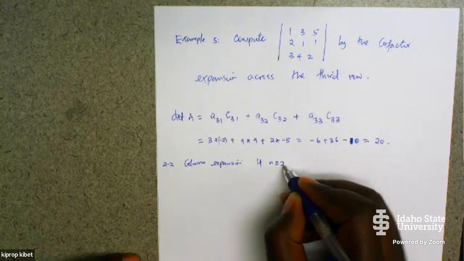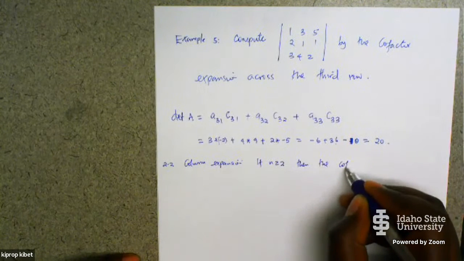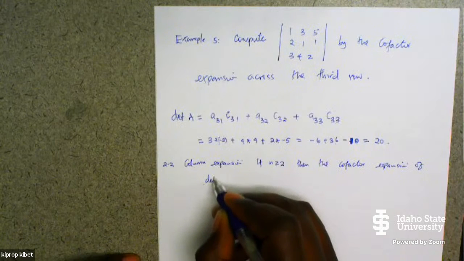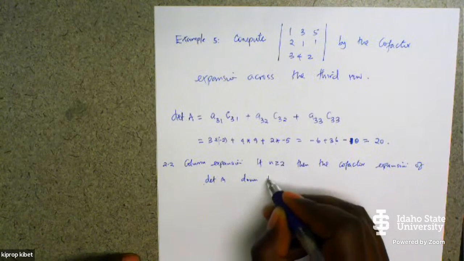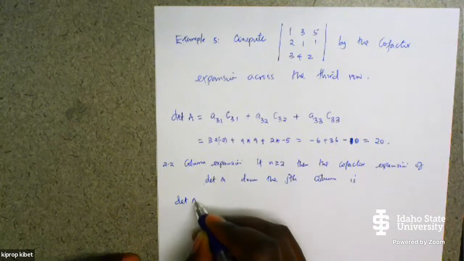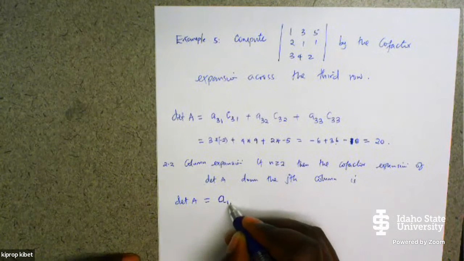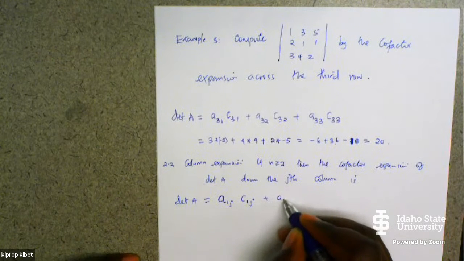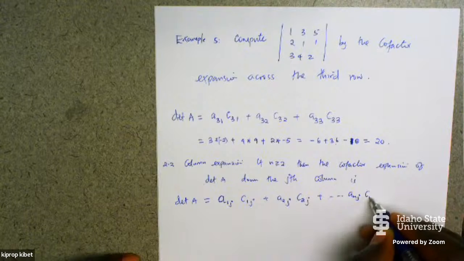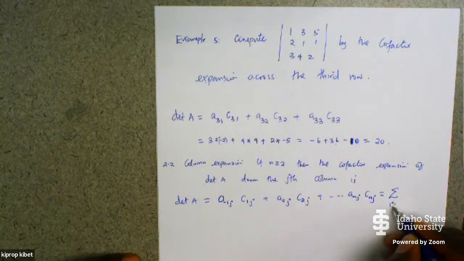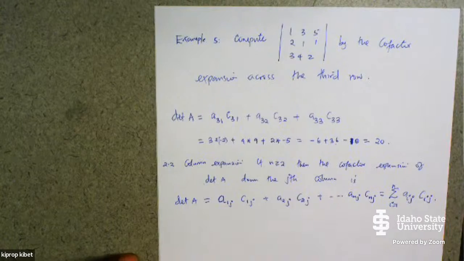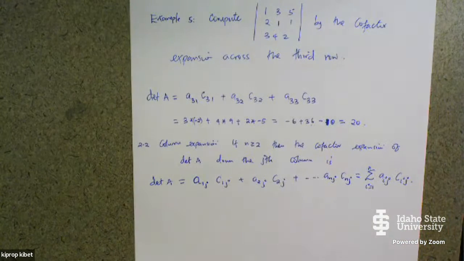If n is greater than or equal to 2, then the cofactor expansion of the determinant of A down the jth column is: determinant of A equals a_1j C_1j plus a_2j C_2j plus ... plus a_nj C_nj, which is the same as the summation of i equals 1 to n of a_ij C_ij. So we can use the column.